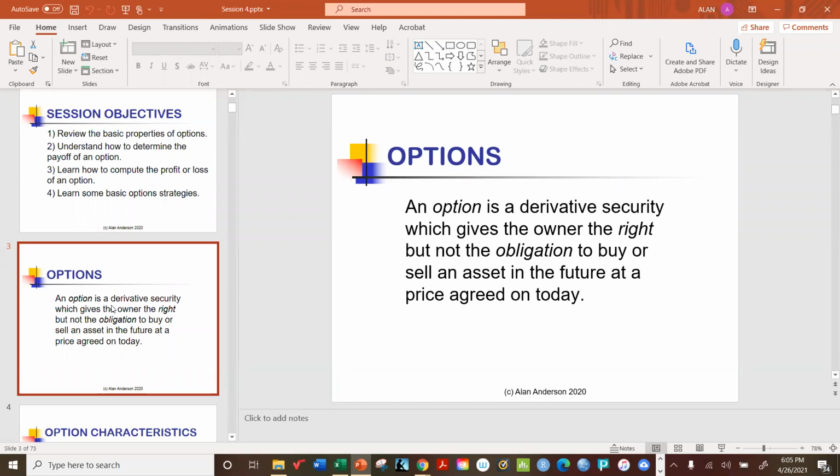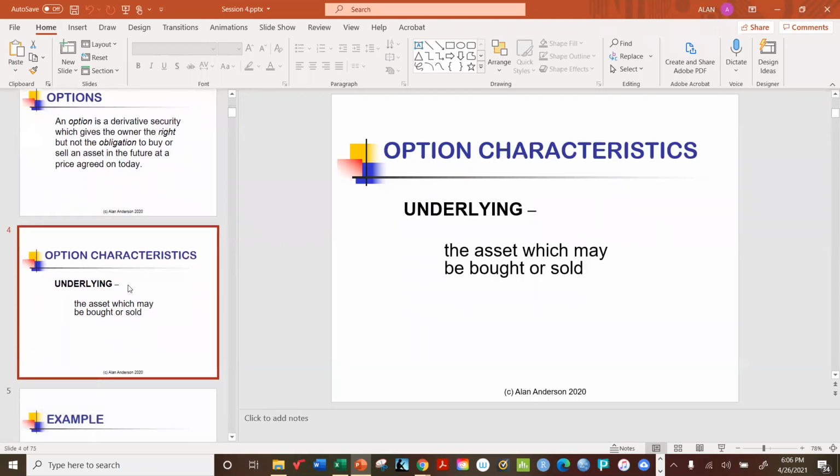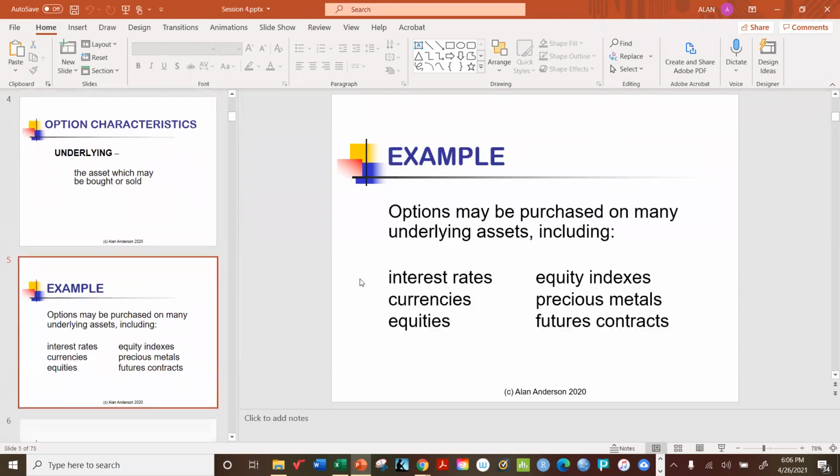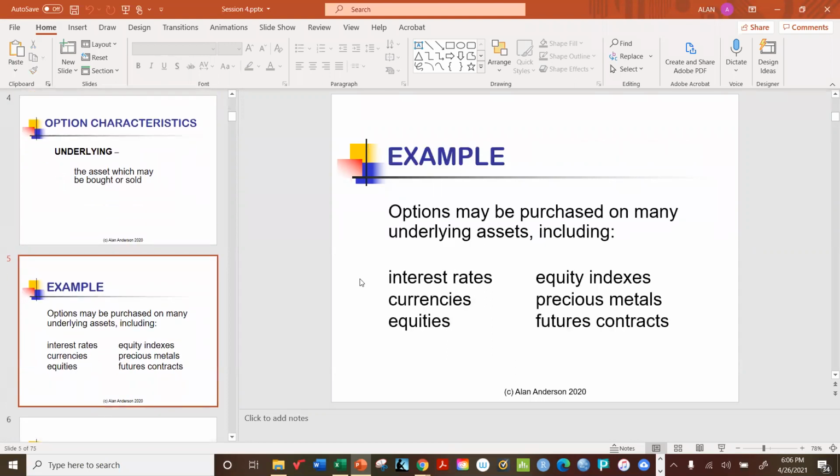So first things first, of course, we already know that an option is a derivative security that gives the owner the right, but not the obligation, to buy or sell an asset in the future at a price agreed on today. The characteristics of an option include the underlying asset. In other words, what is it that we have the right to buy or sell? There are so many to choose from.